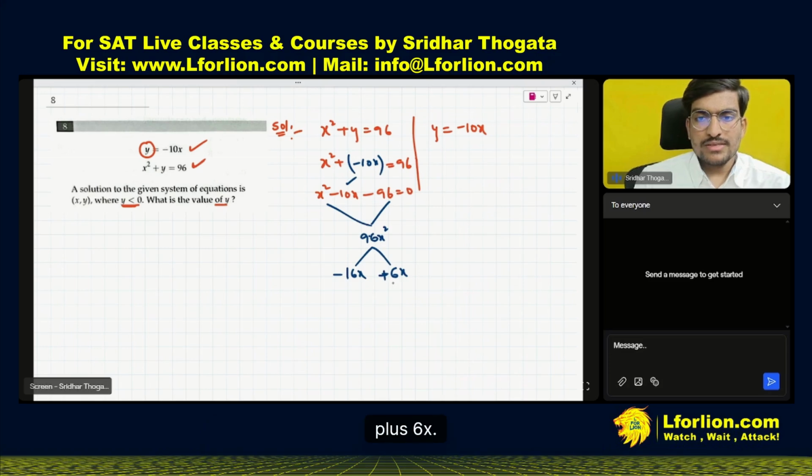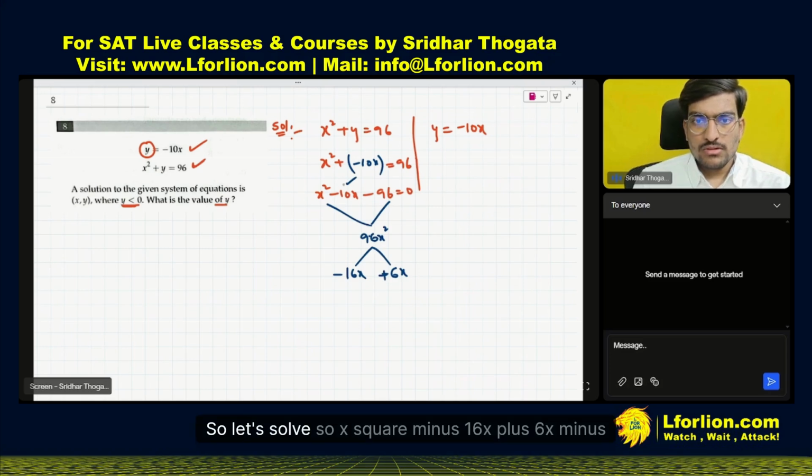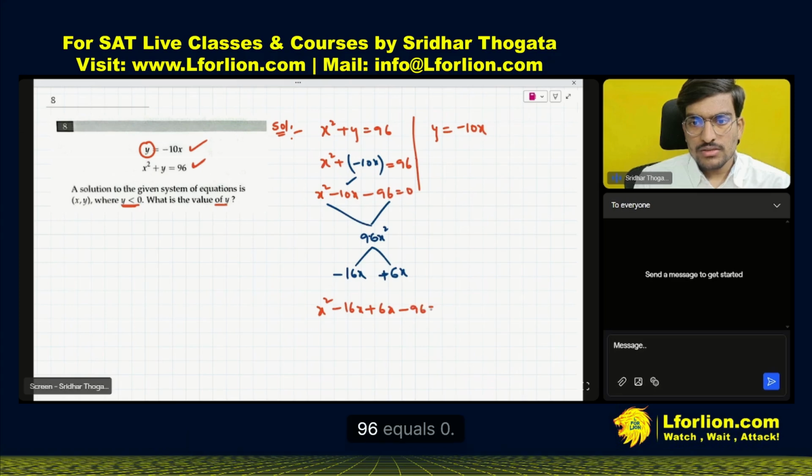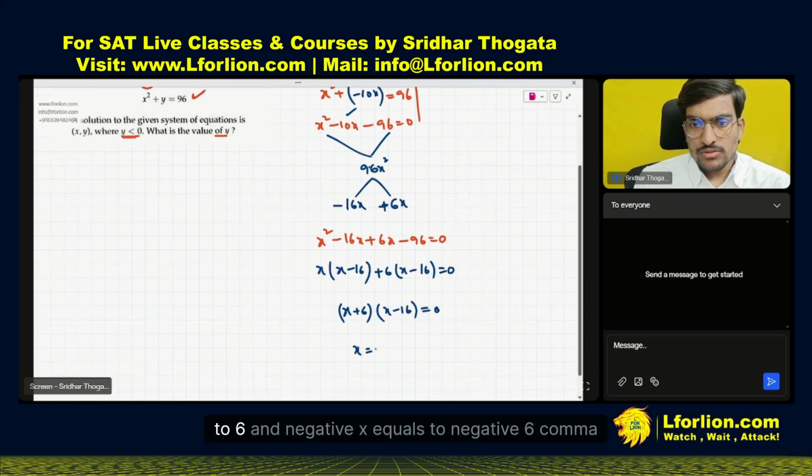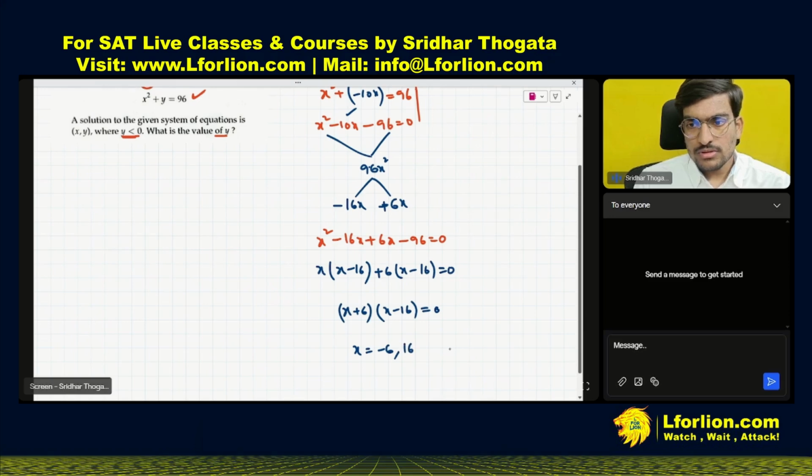So let's solve. x square minus 16x plus 6x minus 96 equals 0. On factorizing, we get x equals negative 6 and positive 16.